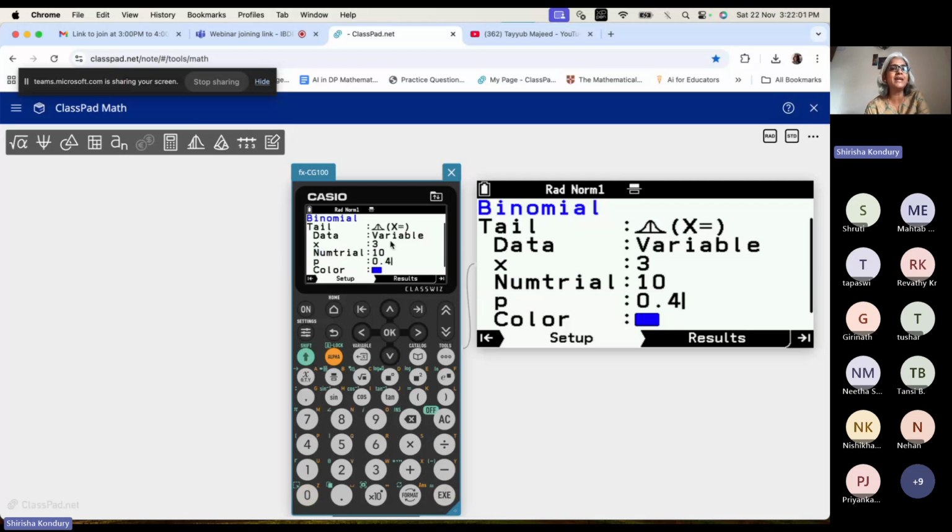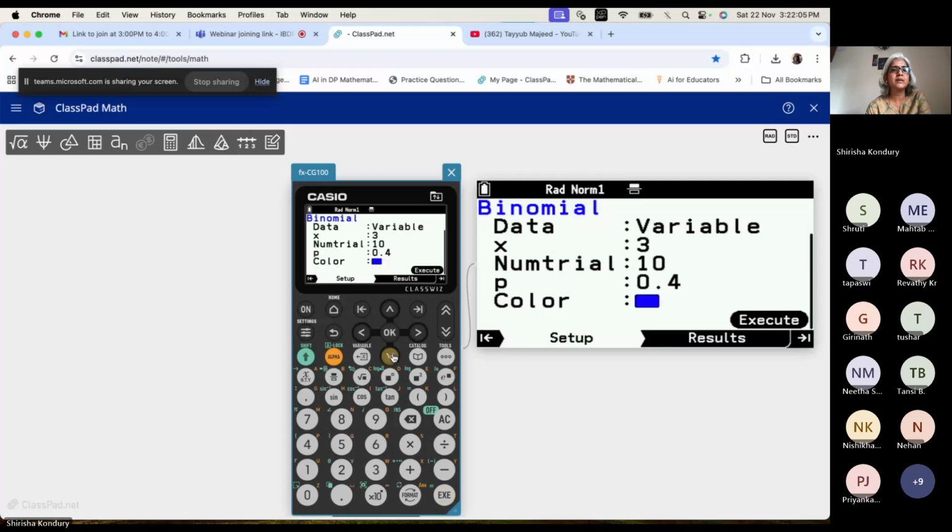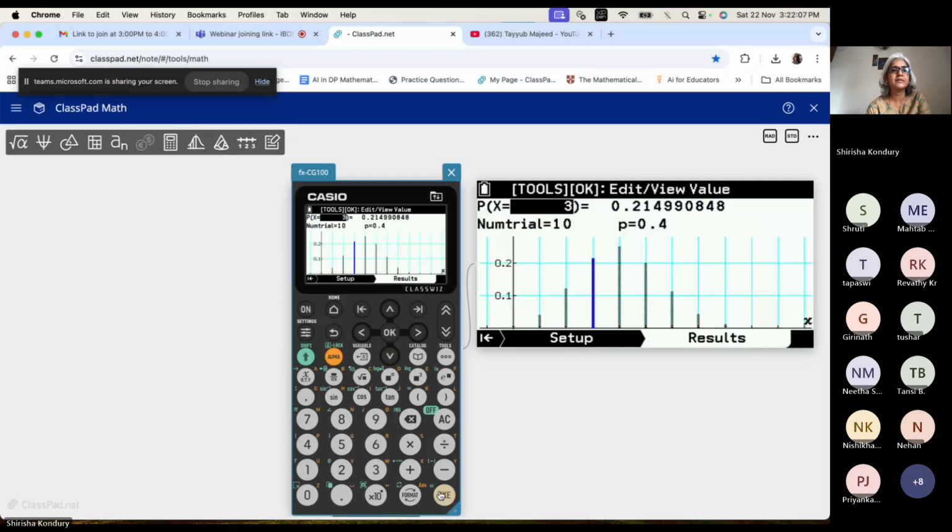So this is what you enter for each problem. If you see, the good thing is that it gives you all the probabilities for 1, 2, 3, 4, 5, 6 till 10. But the one that you are asking for is listed in blue.